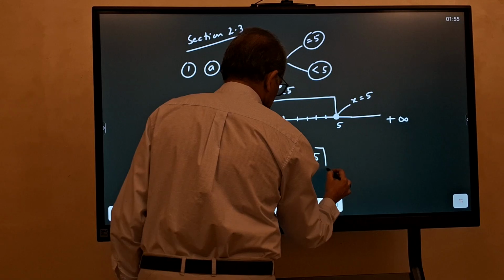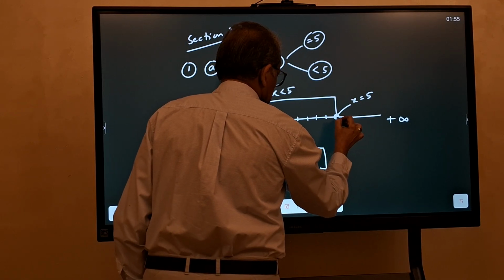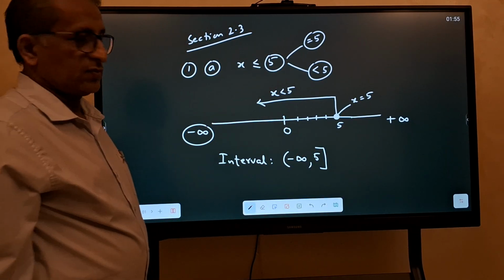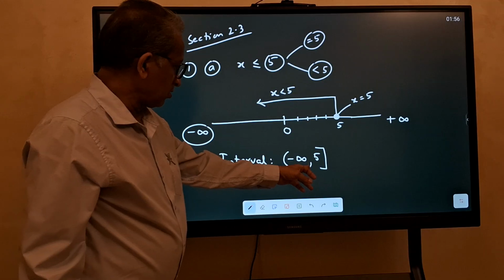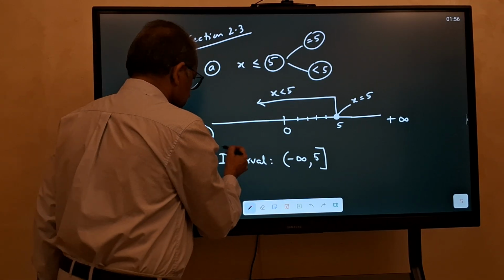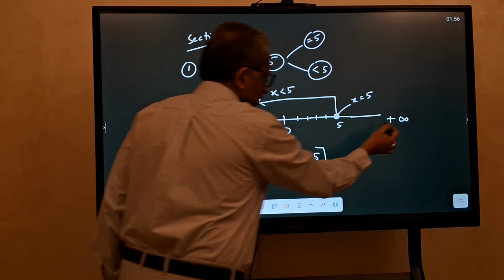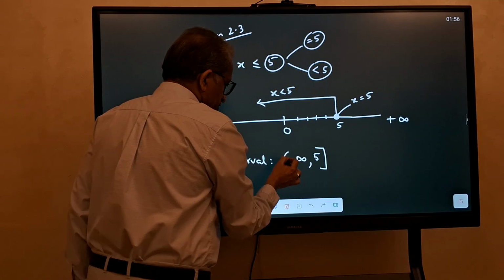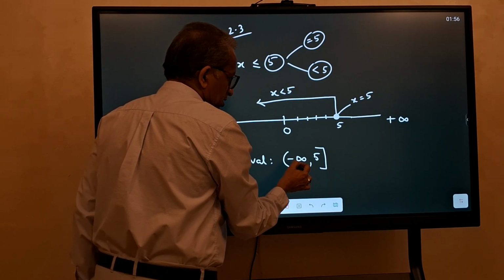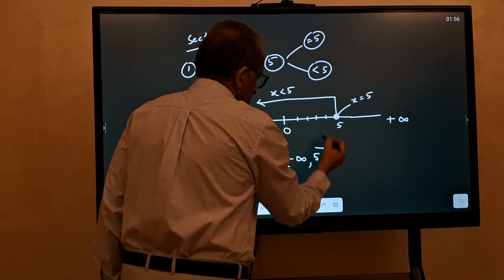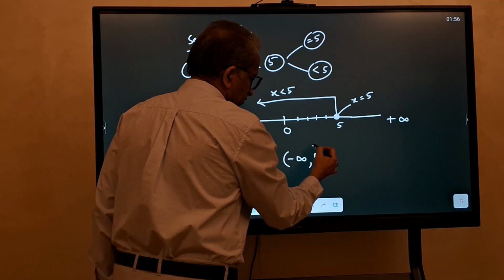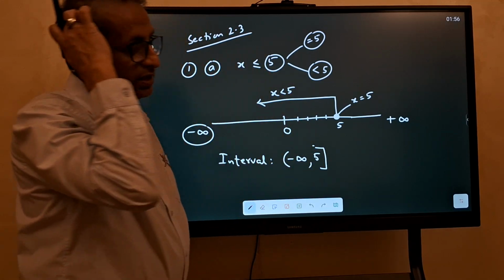I will say closed because of the closed circle. So minus infinity comma 5. Always remember, for minus infinity or plus infinity, use an open interval, and if it is equal, use the closed bracket.